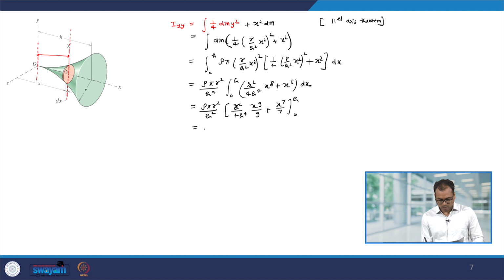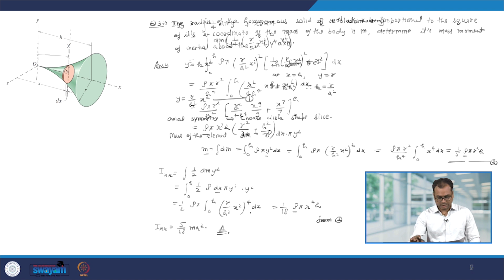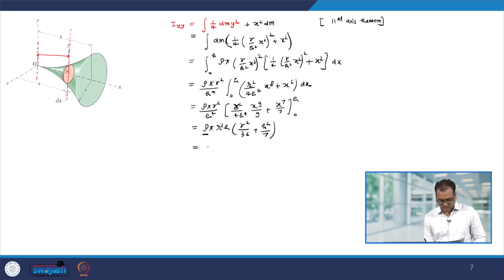So, that comes out to be rho pi r square h, r square divided by 36 plus h square divided by 7, and we can put the value of rho here. So, rho was from equation number 2, 5 m divided by pi r square h. So, this comes out to be 5 m, r square over 36 plus h square divided by 7.